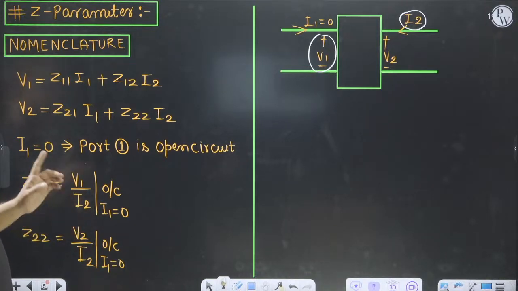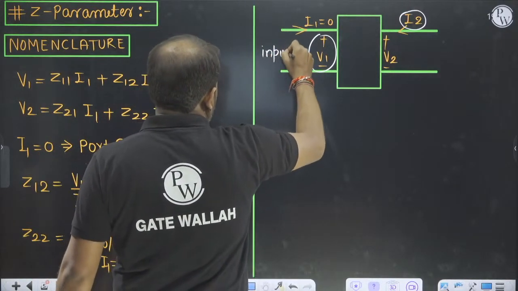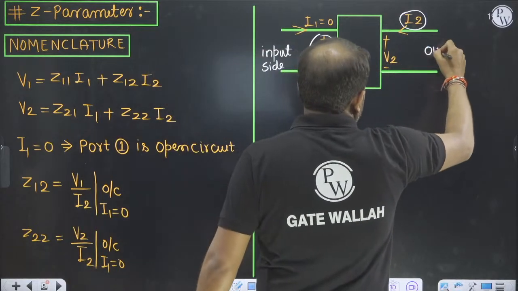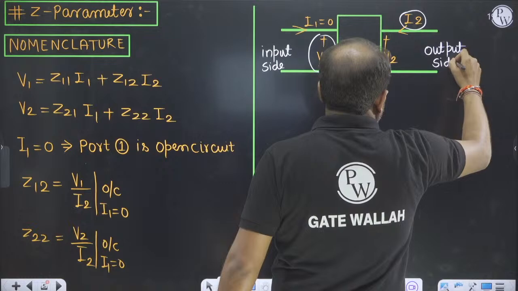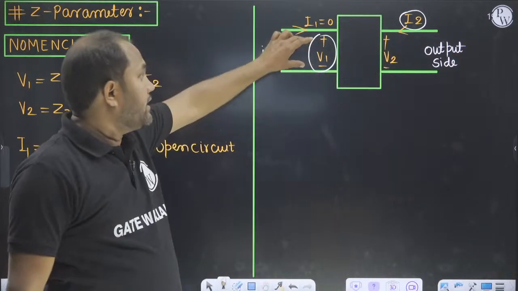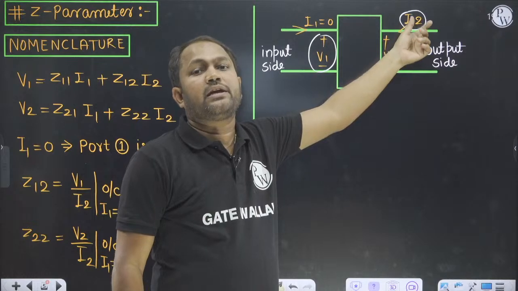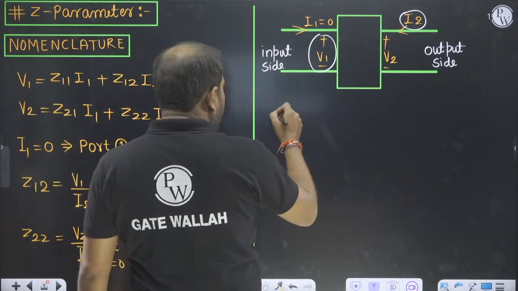This one is the input side and the second one is the output side. So what is happening here is that in the input side we are getting output, and in the output side we are giving input, so it is reverse type, so it is reverse gain.